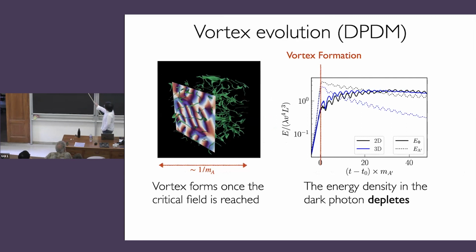So here is a simulation of dark photon dark matter, where a vortex has formed in this configuration once the critical field is reached, which is basically here at t equal to 0. So the field has grown and the vortex formed at this point.